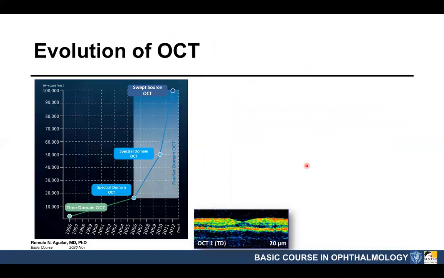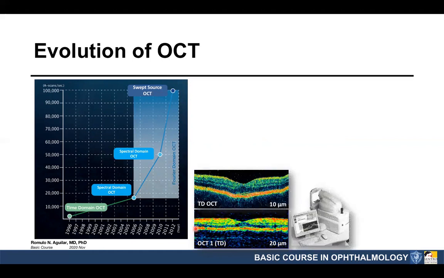Now, the OCT was first introduced in 1996. The first OCT was called the time domain OCT. This is OCT1, a sample picture from OCT1, and you will see that it is really quite grainy, or probably you'd say it's highly pixelized. Time domain OCT continued to develop.